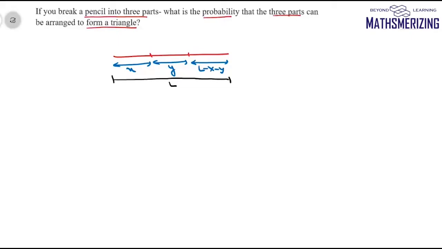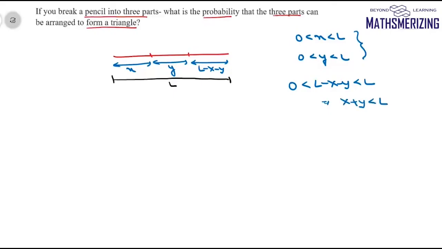Now first we'll find the uniform sample space for this given condition. So we know that X should be greater than 0 but less than L. In the same way, Y also should be greater than 0 but less than L. And for the third one, 0 is less than L minus X minus Y, and it should be less than L. Now here we know that X and Y are both positive, so from the third one we get this condition as X plus Y is less than L. So we have 3 conditions.